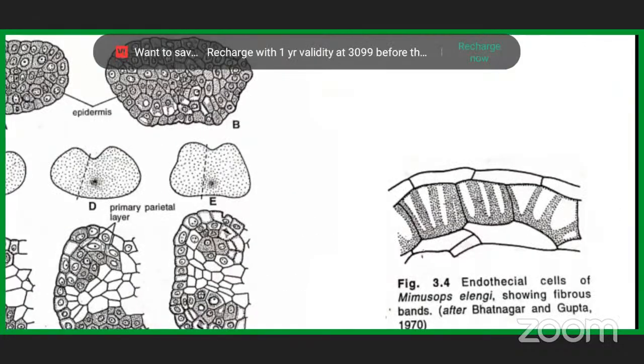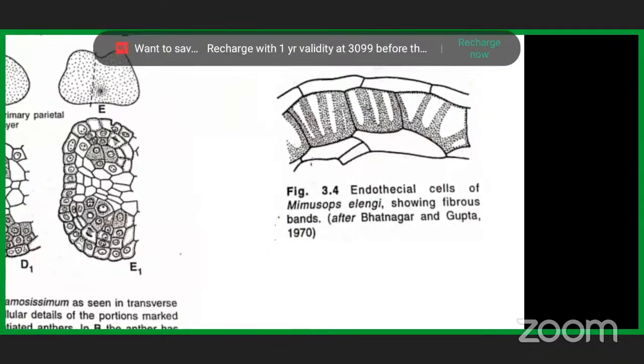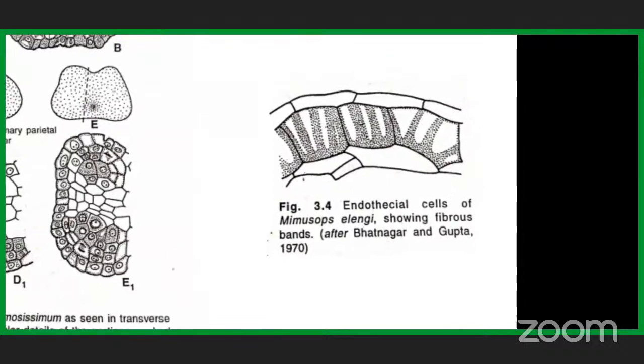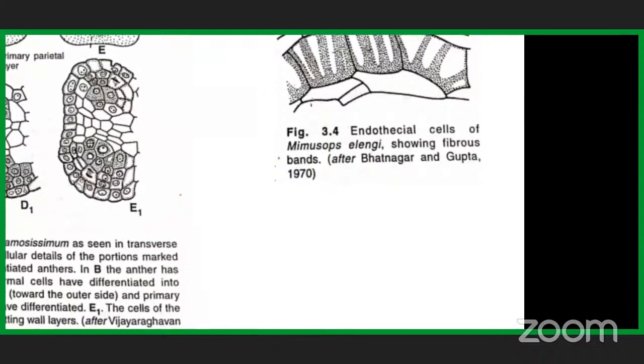Here you can see the endothecial cells just below the epidermis. It looks like a fibrous band.